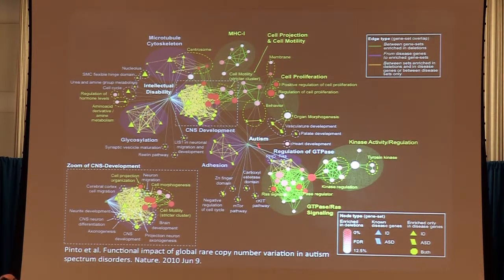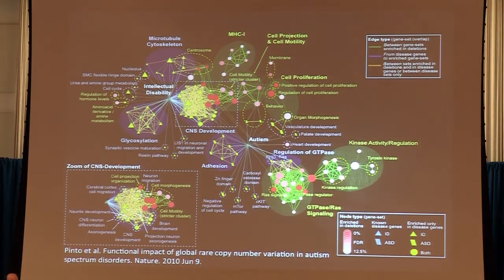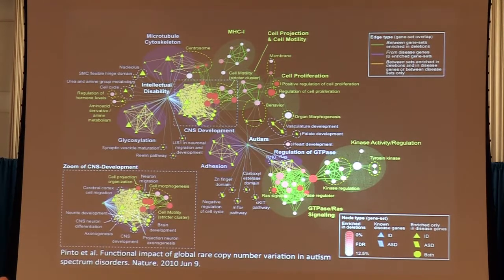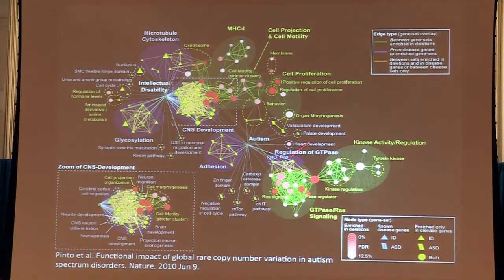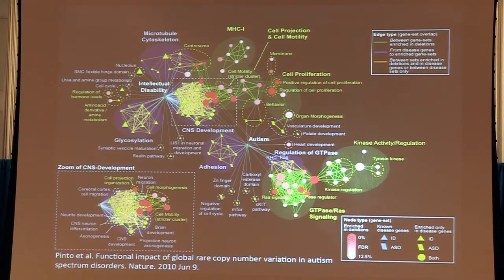The interesting thing was that a lot of these pathways gave some information about the mechanism that could be explaining the pathology: GTPase and RAS signaling, for instance, kinase activity, and some pathways involved in neural differentiation and branching of neurons.